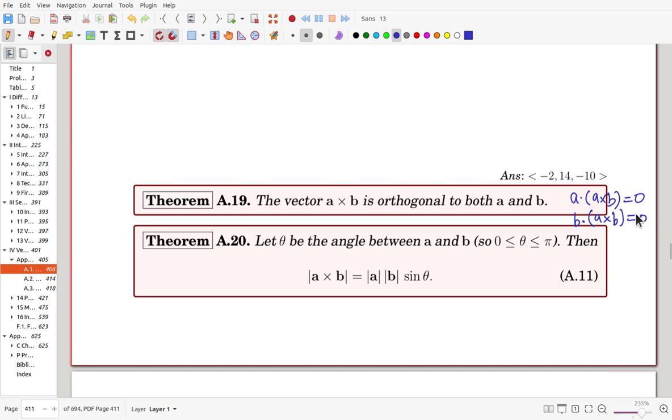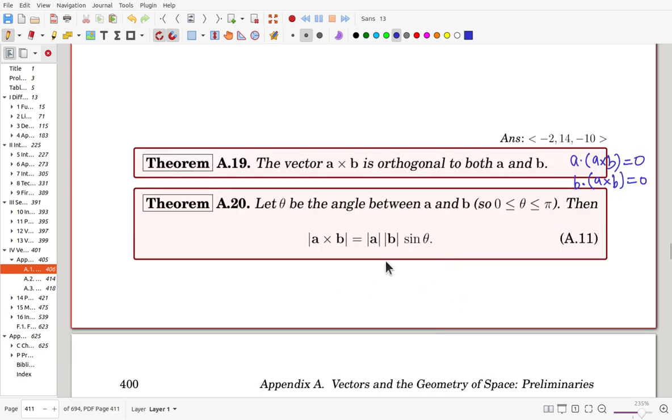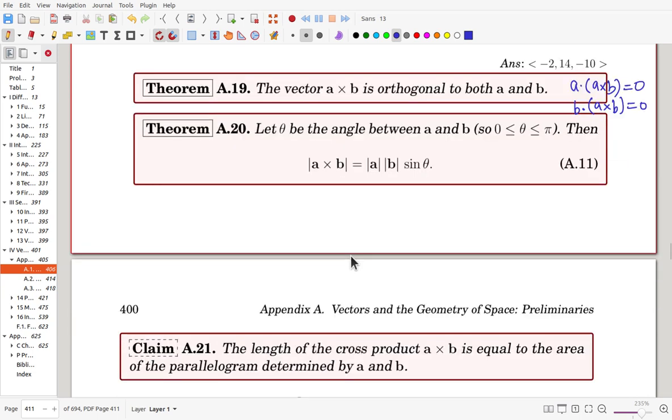Okay, for two vectors, if theta is the angle between the vectors, then the length of the cross product is the same as the norm of A and the norm of B times sine theta. This is a well-known formula, and we'll use this one a few times in vector calculus.